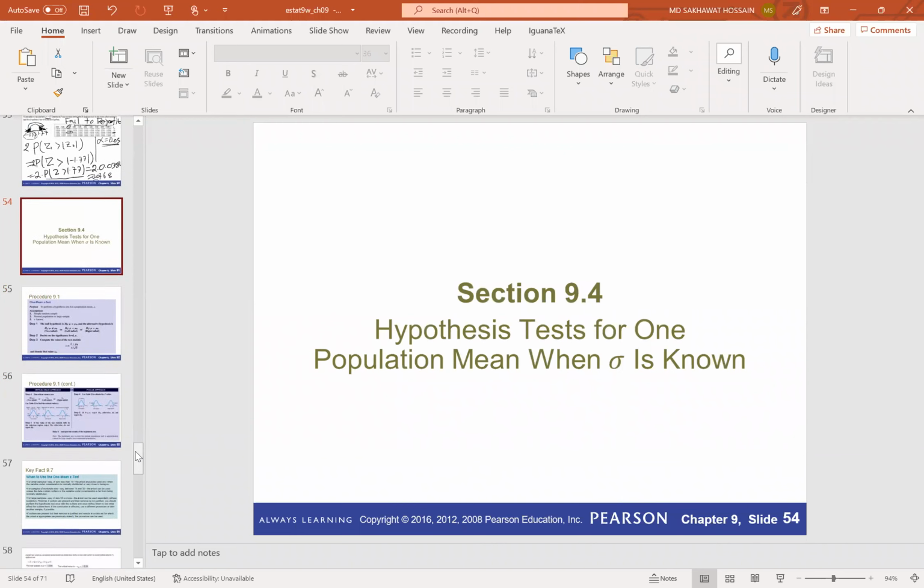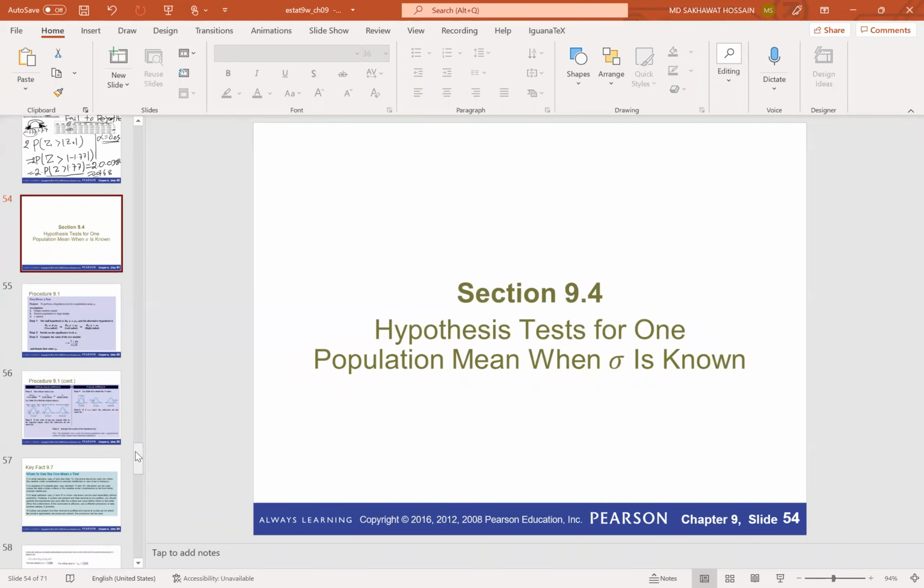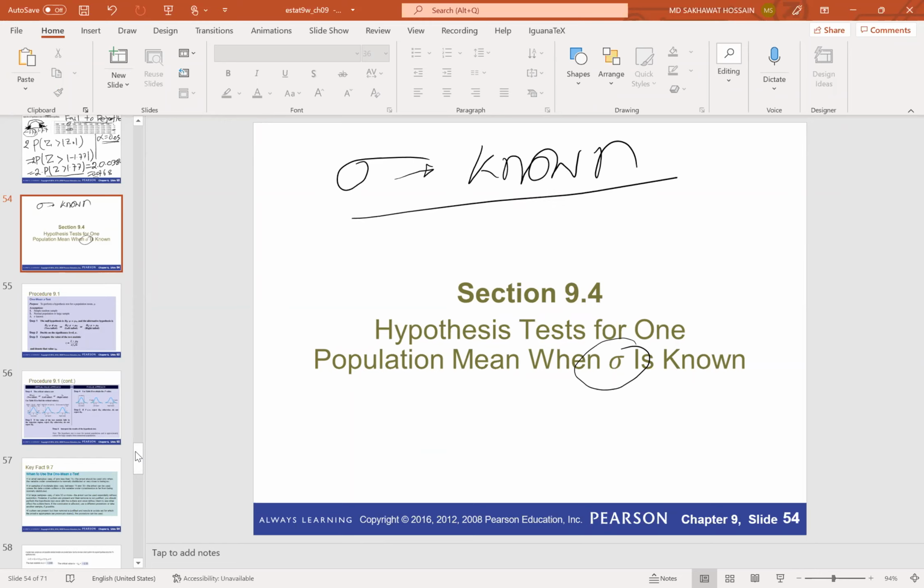Okay, so we have two more sections in this chapter, section 9.4 and 9.5. In section 9.4, we'll discuss the hypothesis test for one population mean when sigma is known. That means in this chapter we are considering sigma as known. The parameter, this standard deviation, is a known value. It is not unknown.